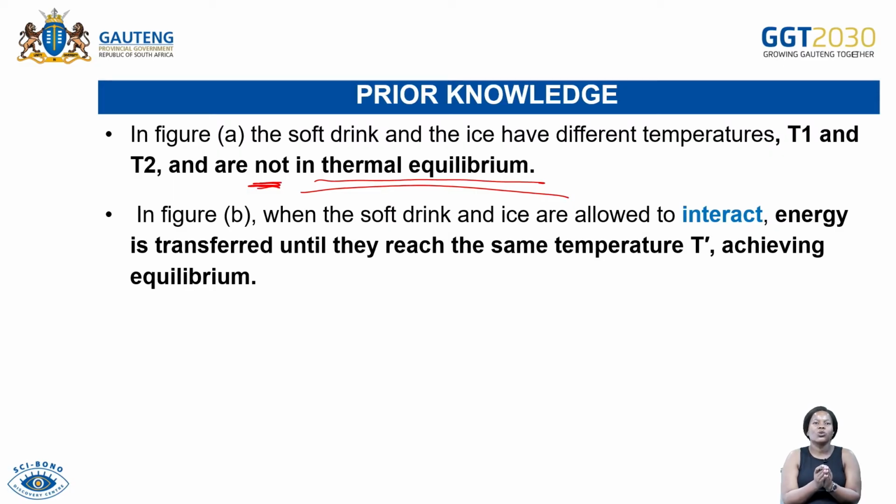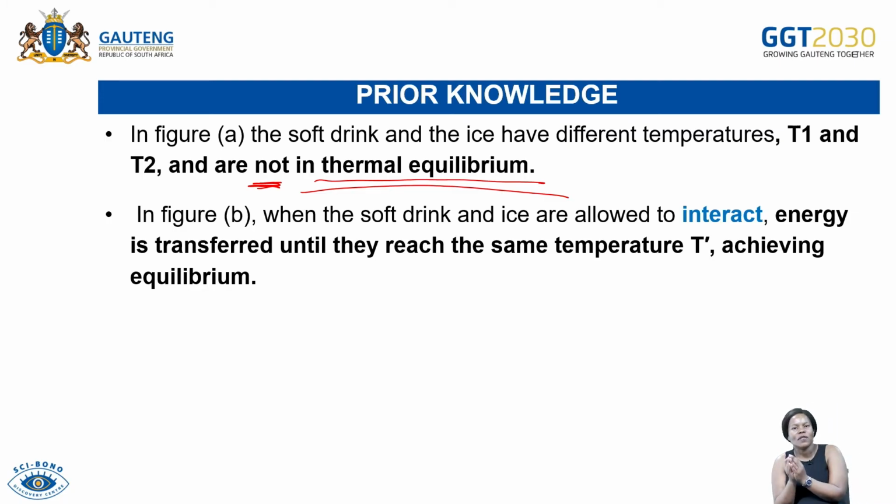Energy is transferred from the object with higher temperature to the one with lower temperature, up until they are able to reach equilibrium, meaning that temperature 1 is equal to temperature 2.